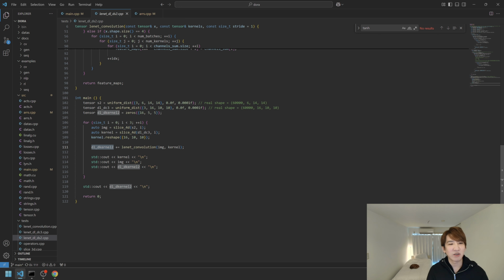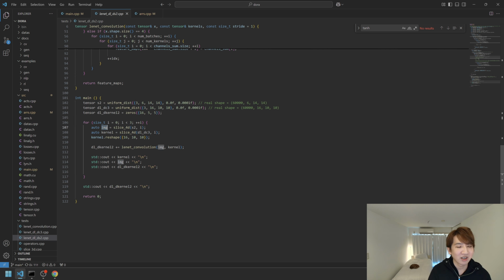So we have to slice S2 and DODC3. In the real code, these would have shapes like this, and this is the batch size. For the test, I chose a batch size of 3. What this slice function does is it slices them into a single batch.